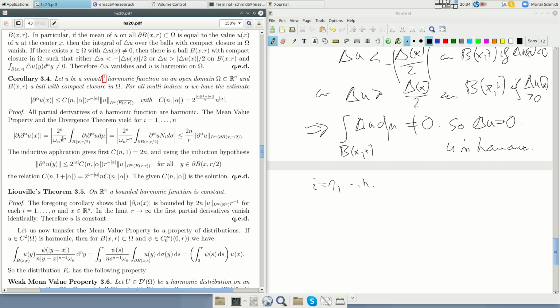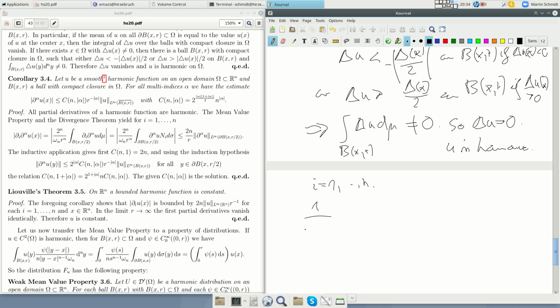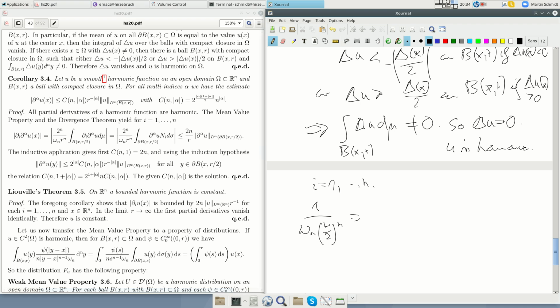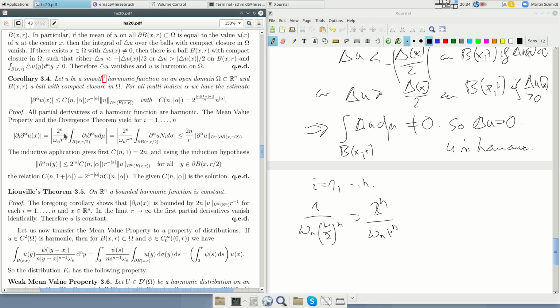Okay, then you see this is 1 divided by omega_n, (r/2) to the power of n. Then we may write 2 to the power of n divided by r. This is of course 2 to the power of n over omega_n r to the power of n.